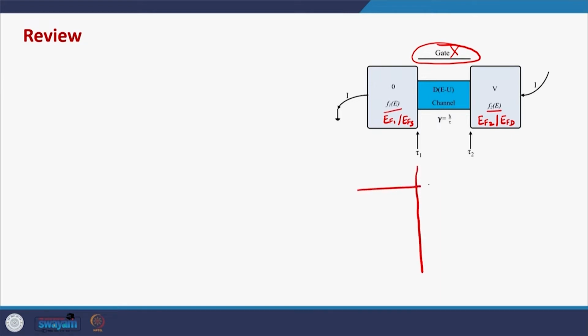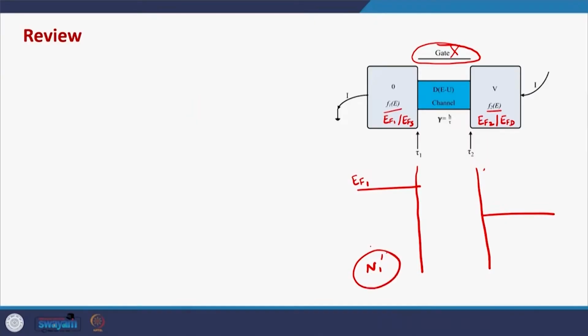So, what we discussed in the previous class is that the source contact tries to bring the channel in equilibrium with itself, which means that it tries to fill all the electronic states up to its Fermi level. So, it will try to make sure that n1 prime electrons are there in the channel. When the channel is in equilibrium with the source contact, n1 prime electrons will be there in the channel.